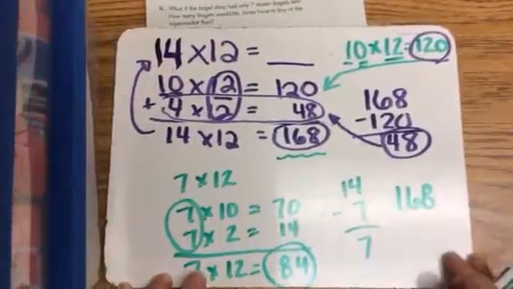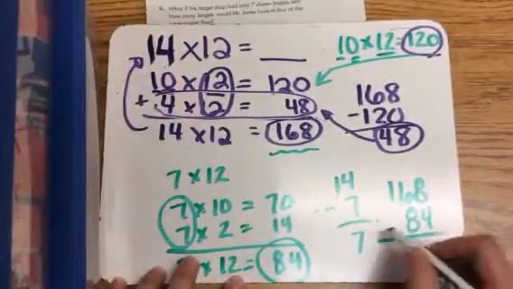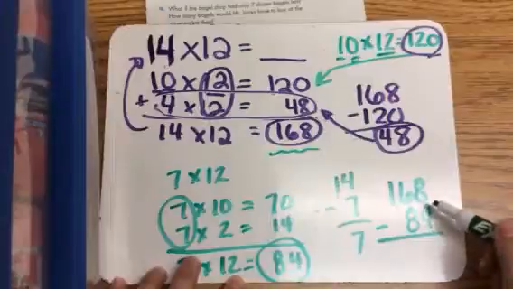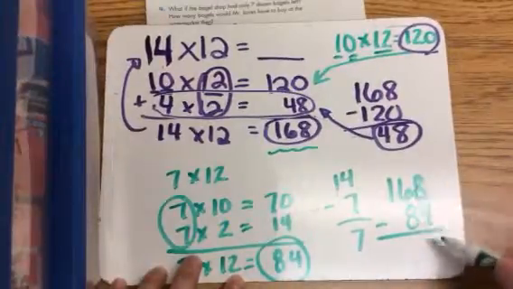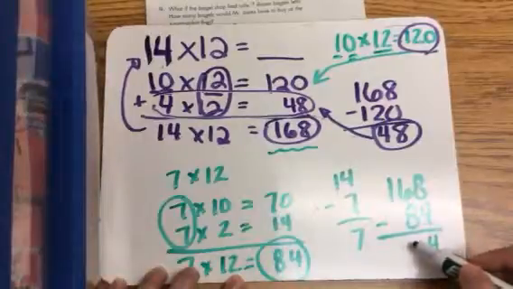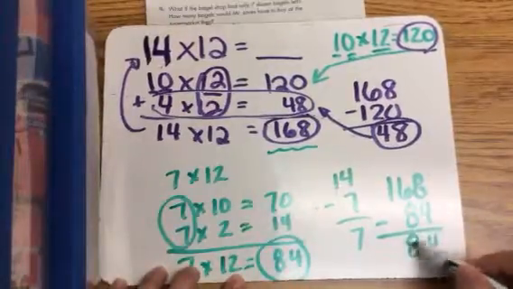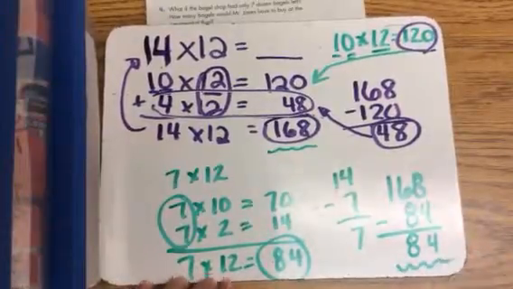That didn't change. I pick up 84 bagels at the bagel shop. So if I subtract my 84 from my 168, 8 minus 4 equals 4. 16 minus 8 equals 8. He needs to buy 84 bagels at the supermarket.